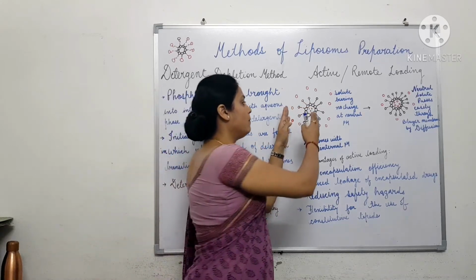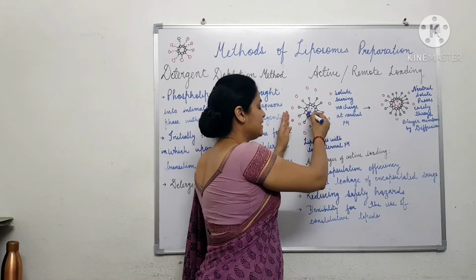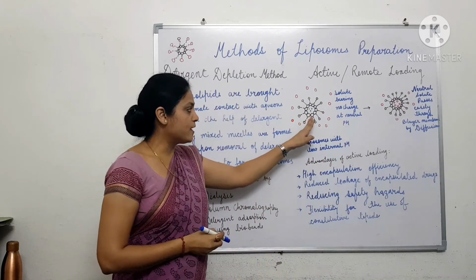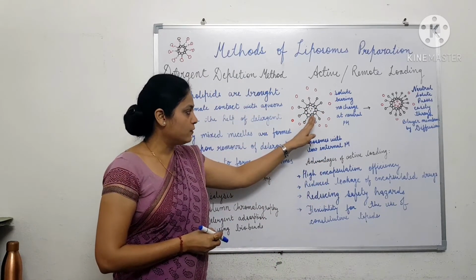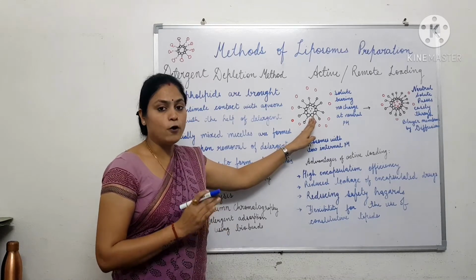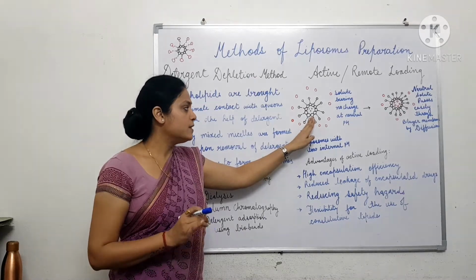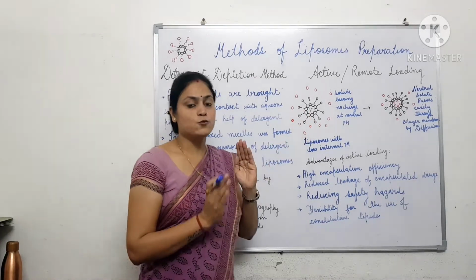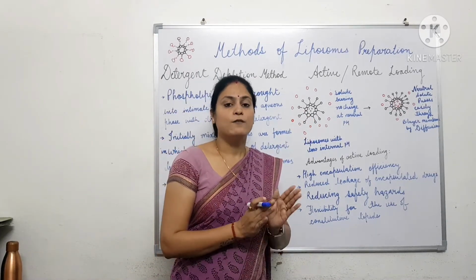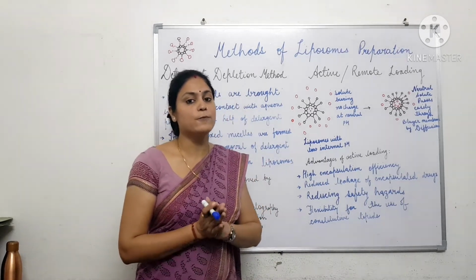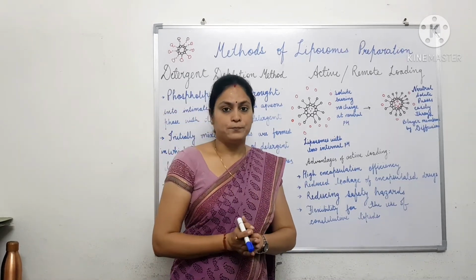This internal environment, the aqueous interior of the liposome, is at lower pH. It is thus created by formulating these liposomes in a low pH solution. Now, the basic drugs which have to be loaded into the liposome are added in the extra-liposomal medium.